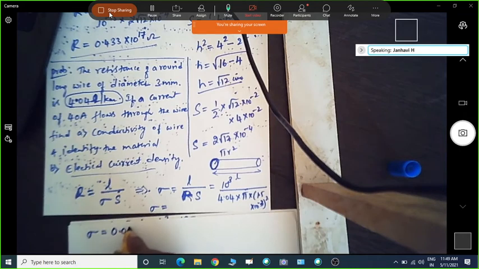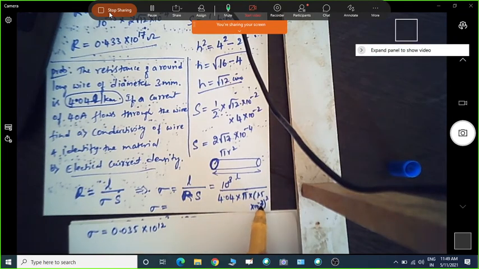0.035 into 10 power 12. See, 10 power 12 or 10 power 9, because 10 power minus 6 and 10 power 3 added together, 10 power 9 will come. Is it correct? Check it. See, 10 power 9 or 10 power 12?